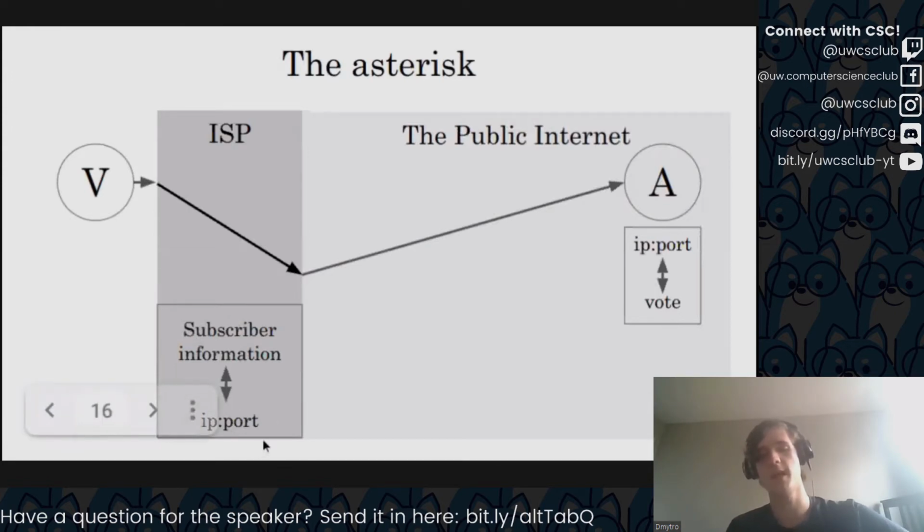You're probably behind a NAT, and the authority sees your IP address through which you're natted, and the ISP knows the association between your identity and the mapped address. So if the ISP and the authority collude, then you'd be in trouble.